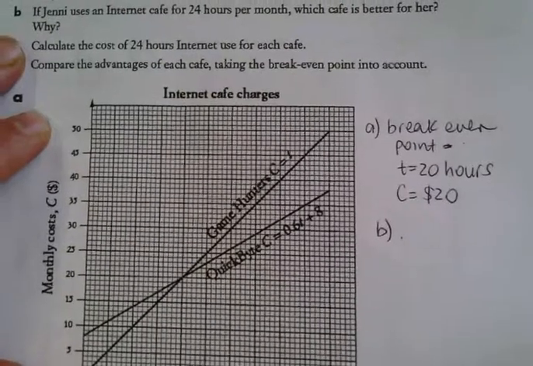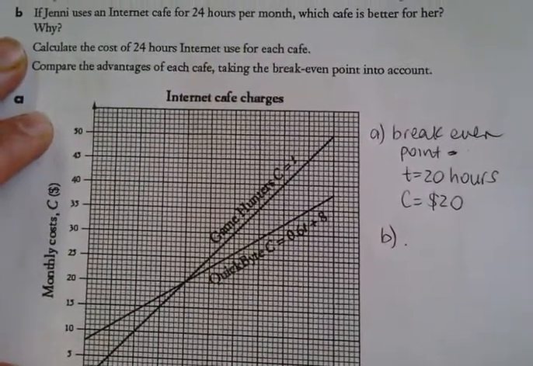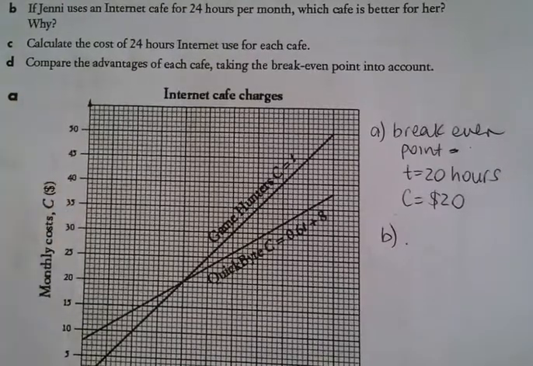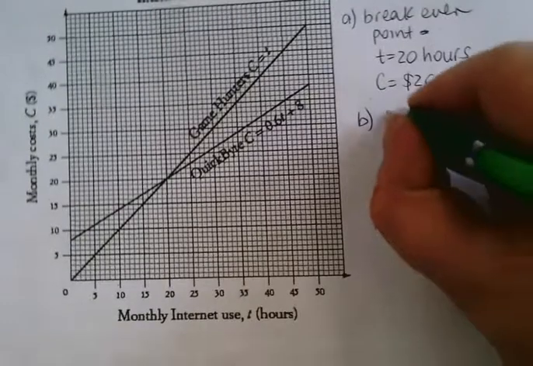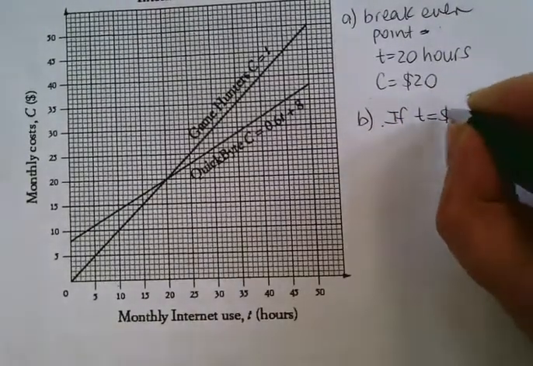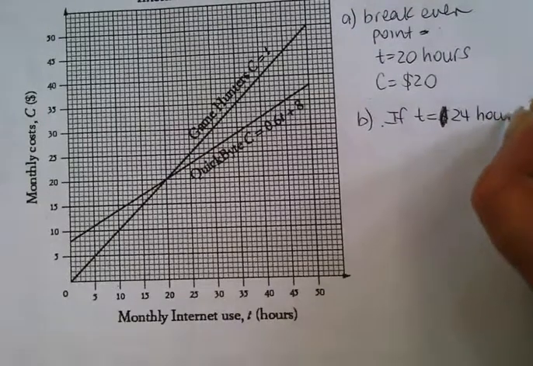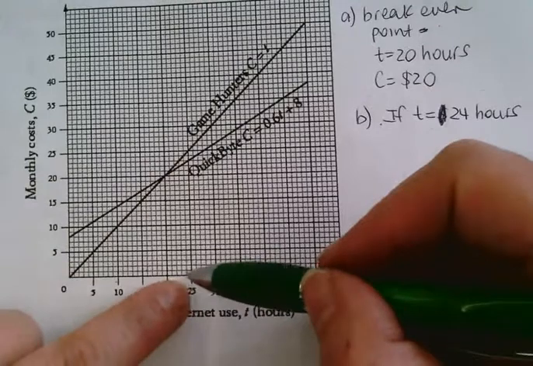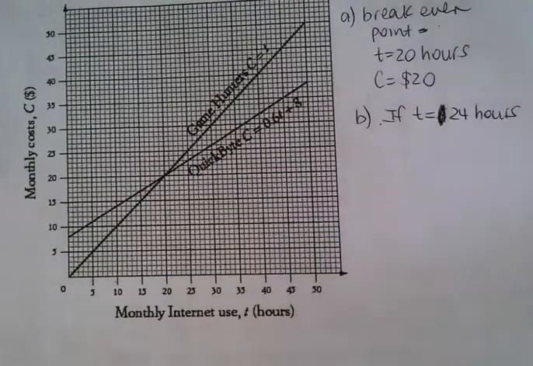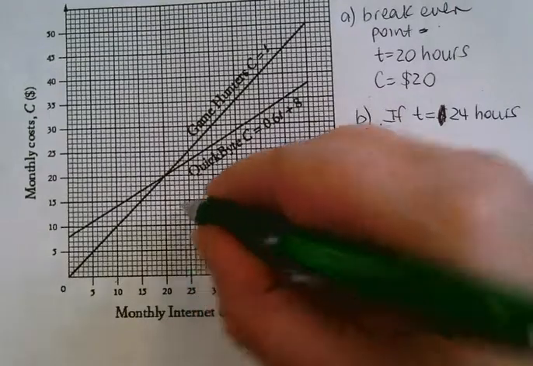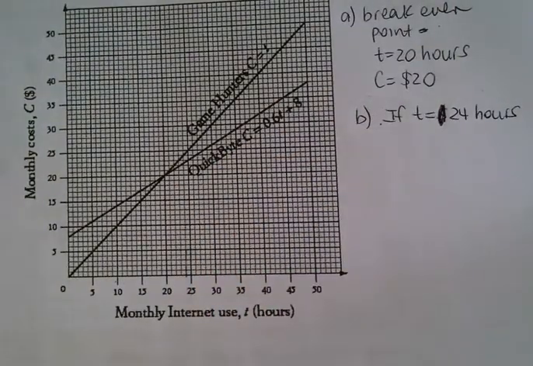Part B. If Jenny uses the internet cafe for 24 hours a month, which cafe is better for her and why? So, if the time is 24 hours per month, which one's going to be better? You can have a quick look and you should be able to see it.